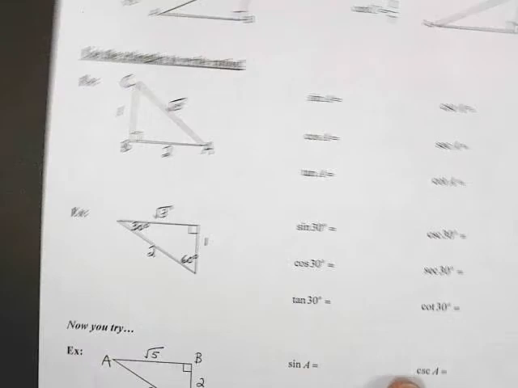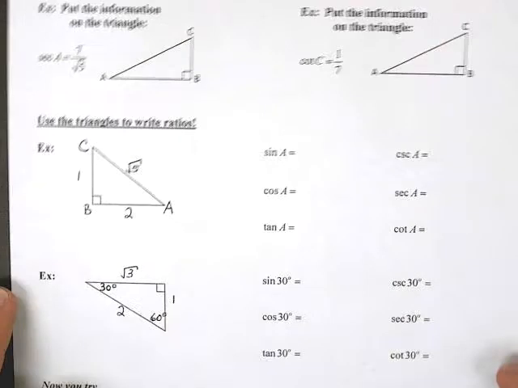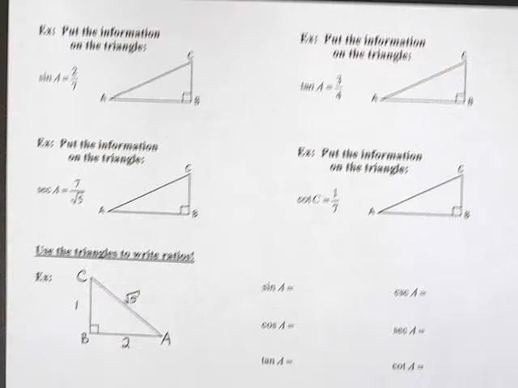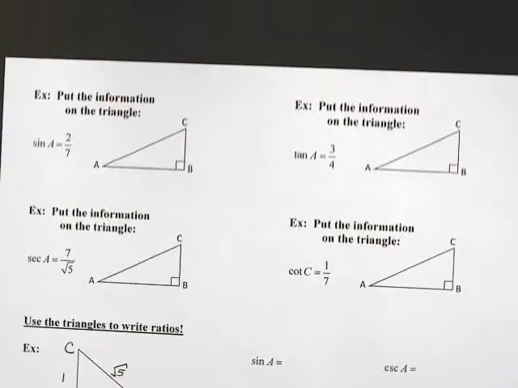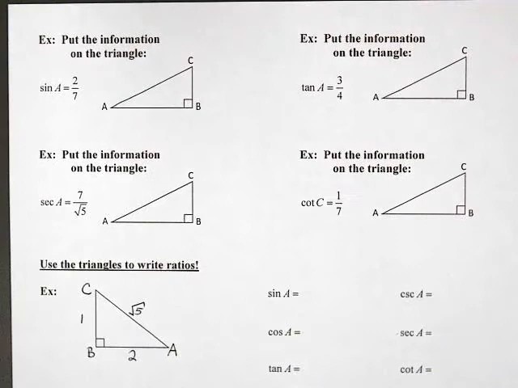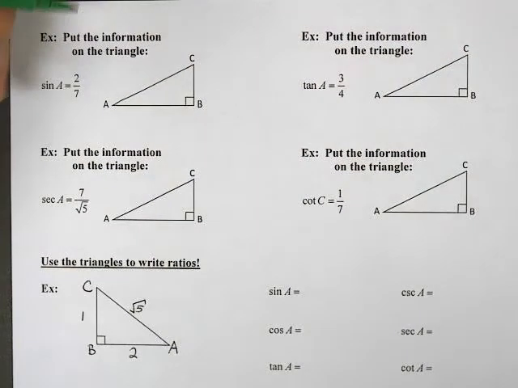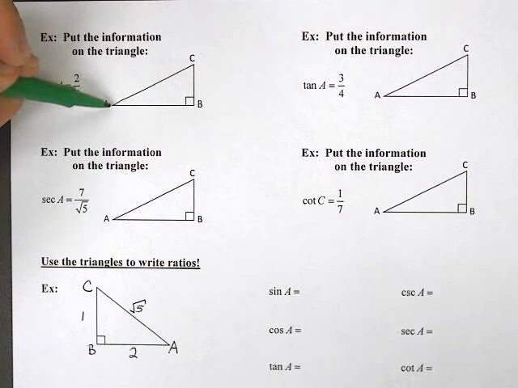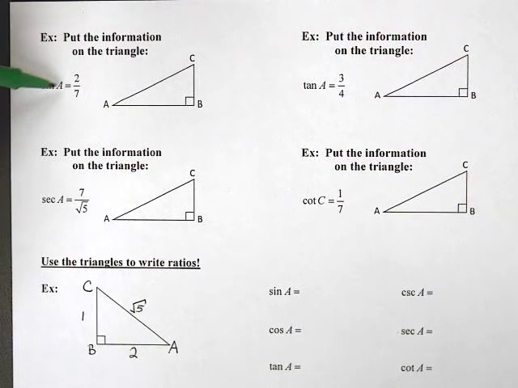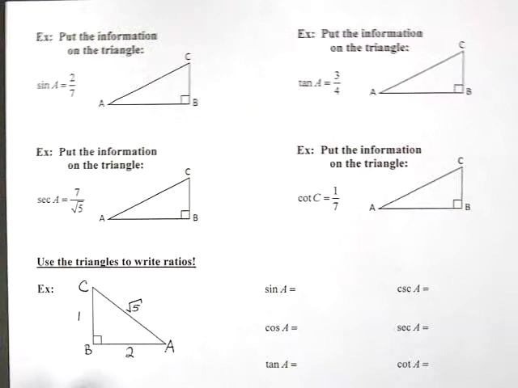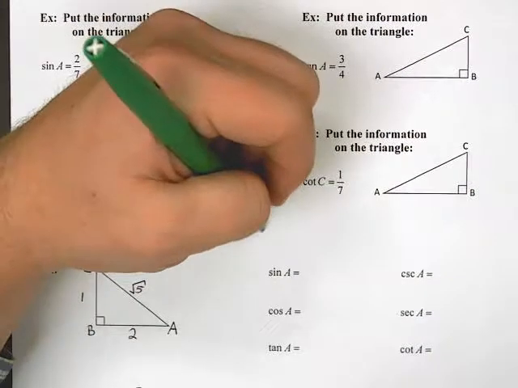On our next page, last page, we want to put some information on our triangle based on what we're given and what we know. So we know that the sine of angle A is 2/7. So sine of angle A, here's angle A, and I know that sine is always opposite over hypotenuse. And actually I'm going to write that right here in the middle so we remember.